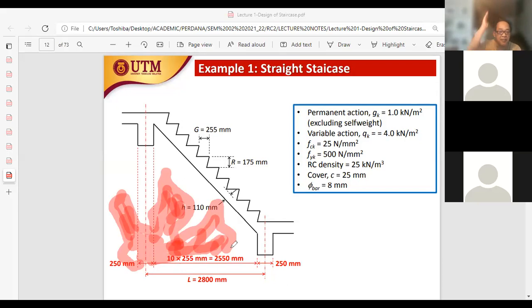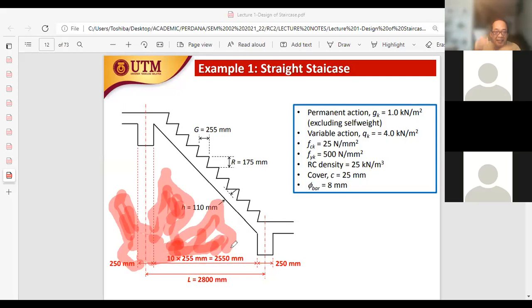So for multi-story ataupun bangunan pencakar langit ni, okay, we would expect the dimensions of the elements, beams, columns, slabs there, will be much thicker daripada normal case. Lebih tebal lagi. Okay?